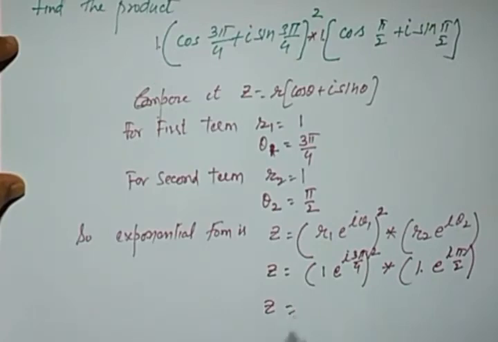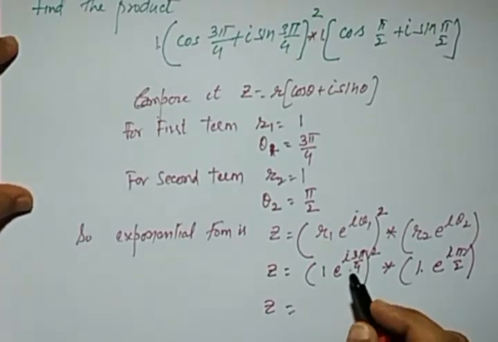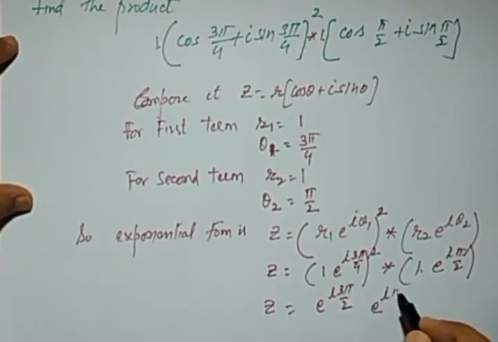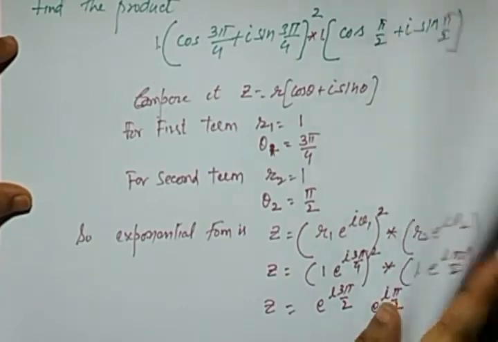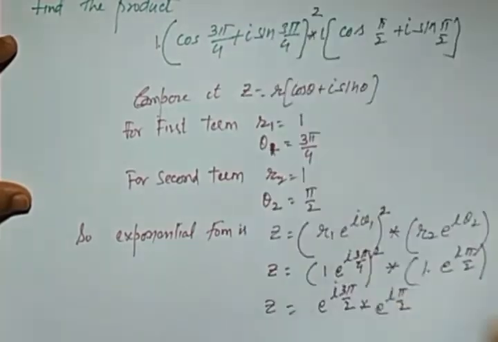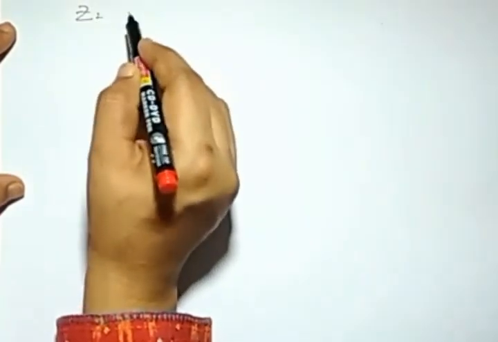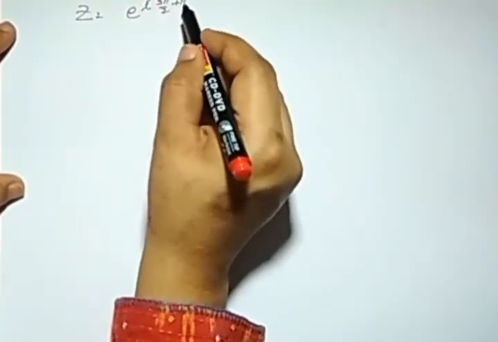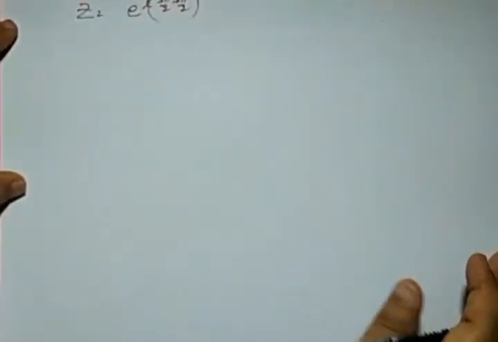So z is equal to e raised to power i 3 pi by 2 times e raised to power i pi by 2. Now the two exponential terms are there. When we multiply the terms, the powers get added. So z is equal to e raised to power i, 3 pi by 2 plus pi by 2 in bracket.